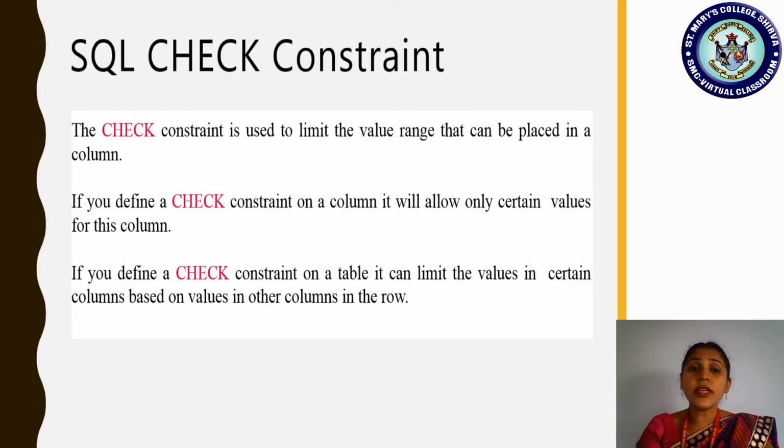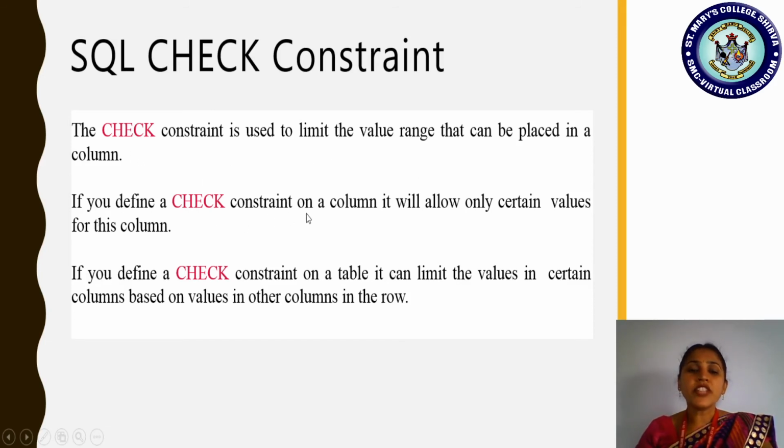The check constraint is actually used to limit the value range that can be placed in a column. A column means an attribute, what I just now told. So for gender, if you want to allow only female and male values, either F or M, you can limit the value range with the help of this constraint.